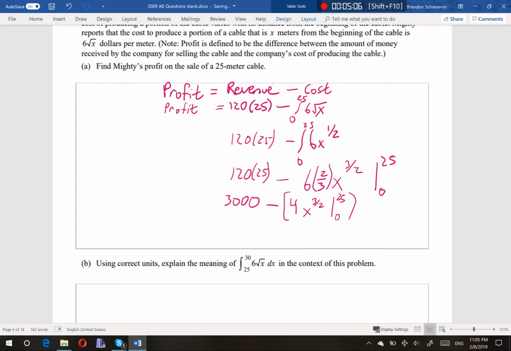Okay, if I plug in my 25 right now, I'll take the square root of 25 to get 5, and then cube it to get 125. So I have 4 times 125.